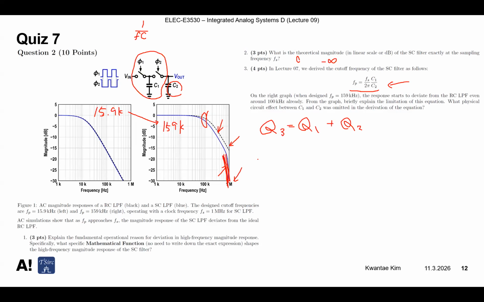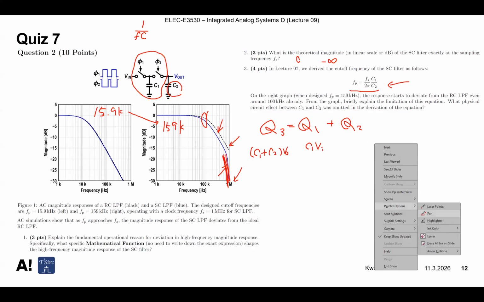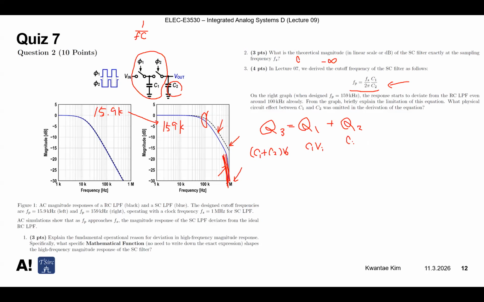So Q3 is C1 plus C2 times V out in phase 2, and Q1 is C1 times V in, and Q2 is C2 times V out.